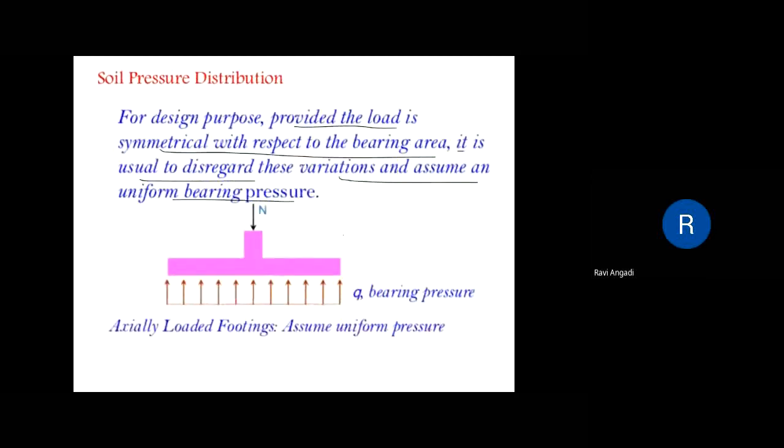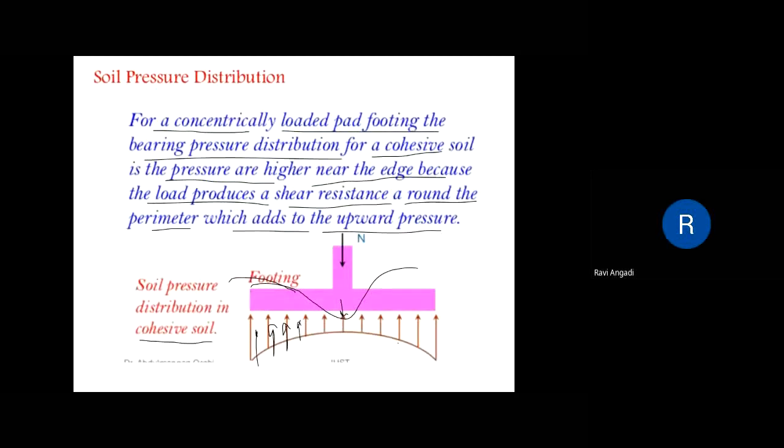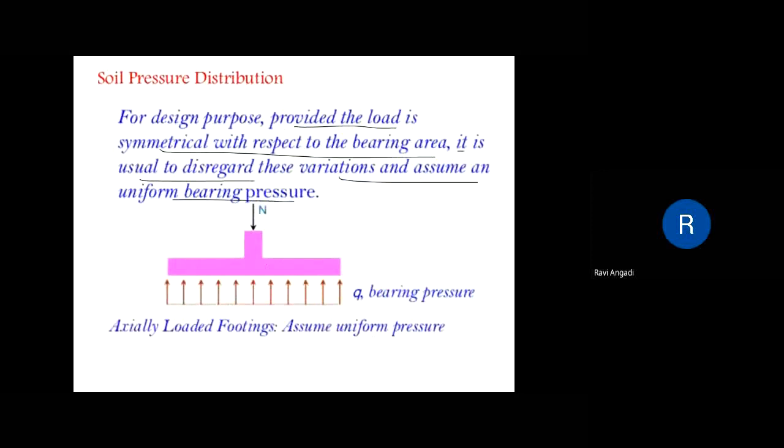But for design and analysis purposes, we neglect these variations and assume that the load is acting at the center and distributing uniformly underneath, and the soil pressure is also uniform from one end to the other end.